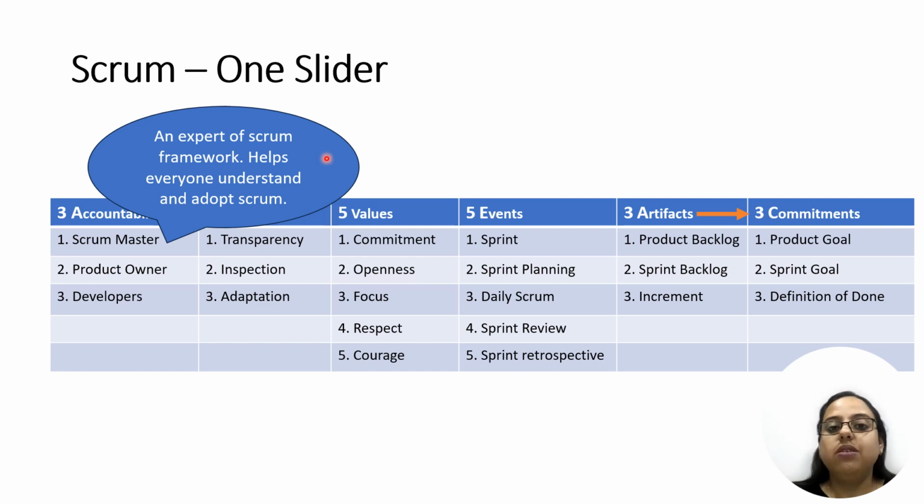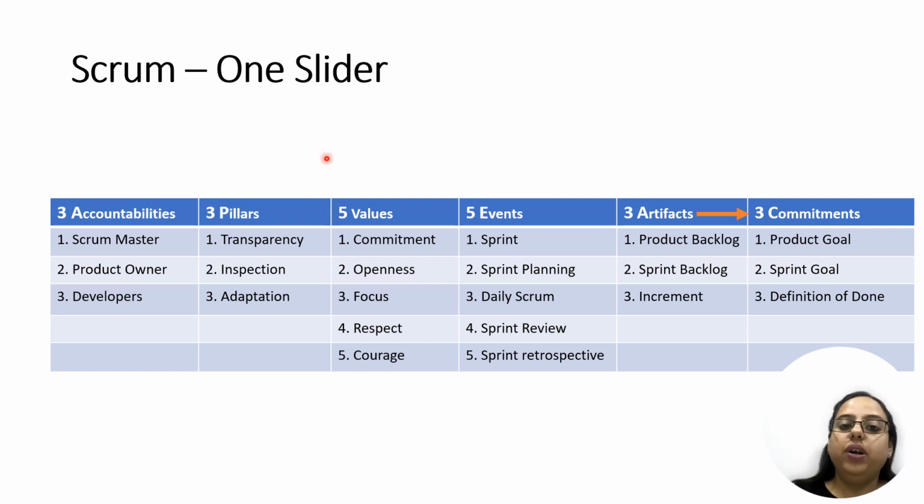This is the person who is responsible to ensure that the team remains highly productive at all times, all their impediments get resolved, and there isn't any gap between the Scrum team and the stakeholders, right? So this person ensures that the team is functioning in a happy and healthy manner.